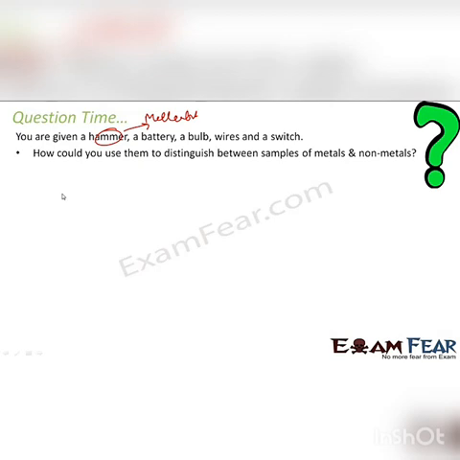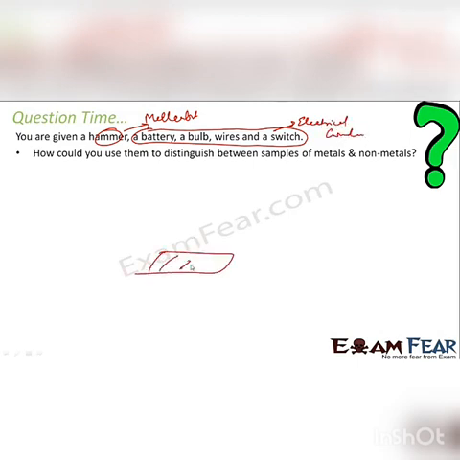That is one thing. The second thing, bulb, wire, switch. With this I can check for electrical conductivity. So I have some metal like this. I can put this metal like this. I'll put a battery, right? I'll put a bulb. This wire is there and there's a switch, right?